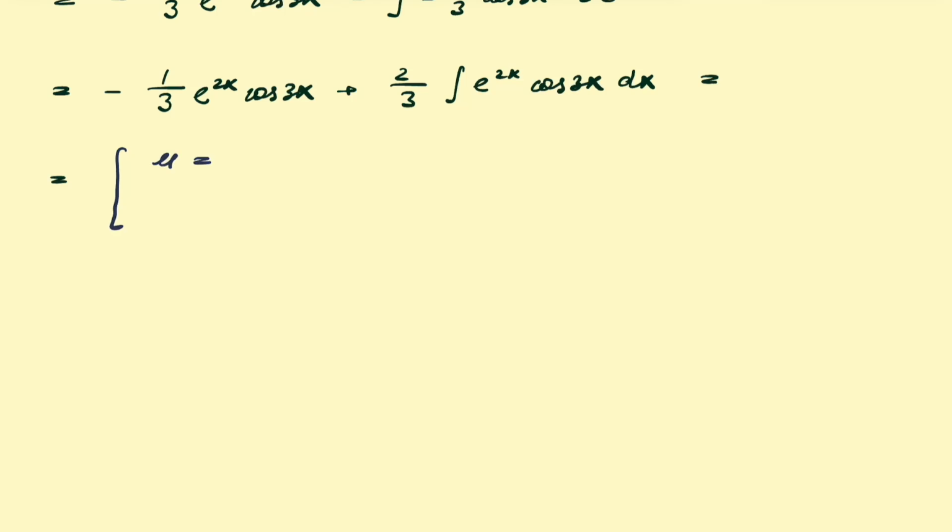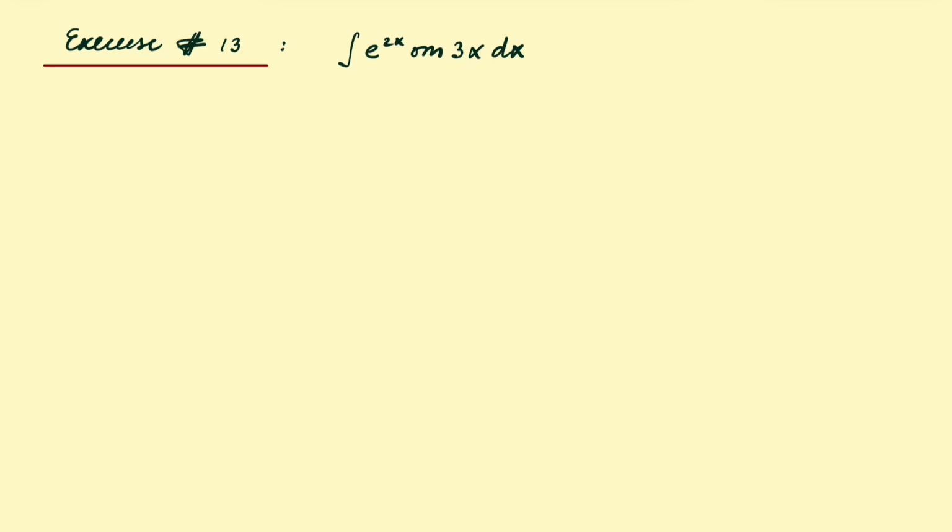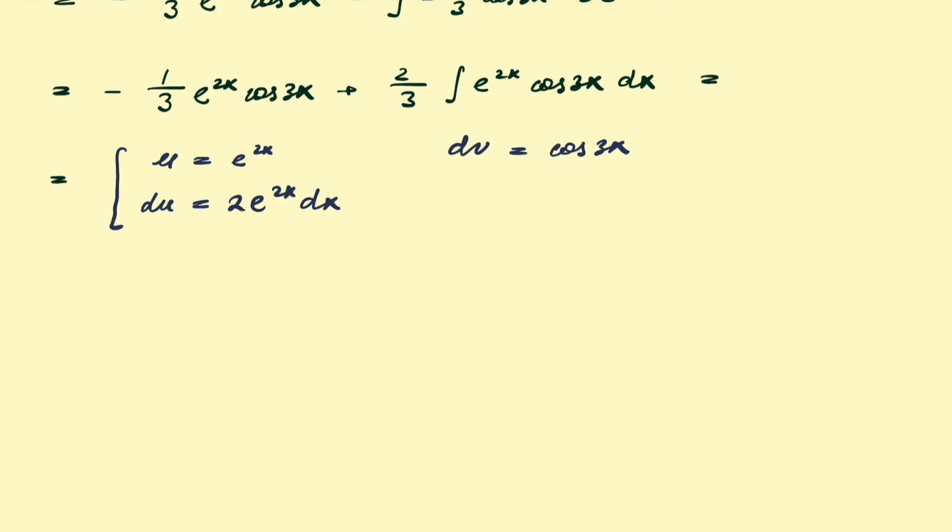Okay, now we'll apply integration by parts a second time, and I'll do it with a blue color. We take again u as e to the 2x, then du will be 2 times e to the 2x dx, and dv as cosine of 3x dx. Now v will be, let's see, 1/3 times sine of 3x, right? Without a minus, because the derivative of sine of 3x is 3 times cosine of 3x.